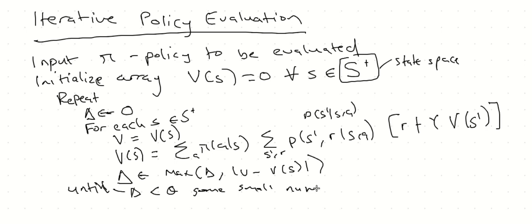So this is, in a nutshell, what iterative policy evaluation is, the actual algorithm for it. Maybe it's difficult to see it from this kind of view. This is just pseudocode from Sutton's book.